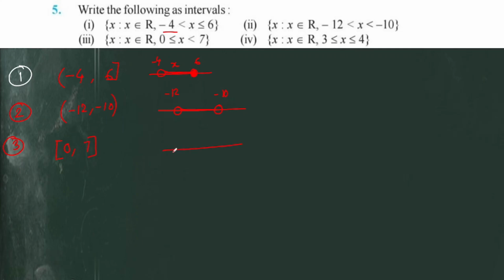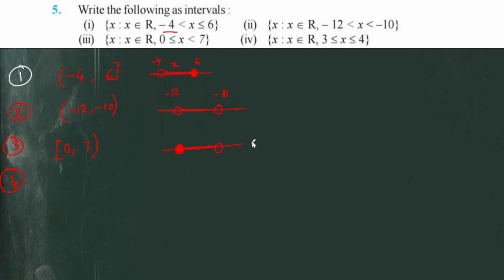If I write in geometrical form, 0 will be included, but 7 will not be included. This is the region x belongs to.